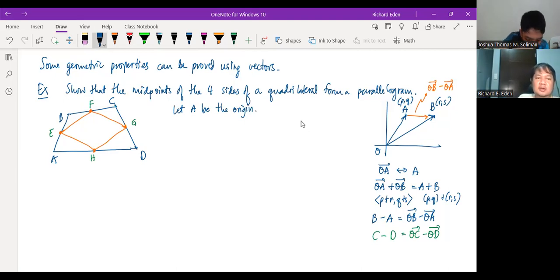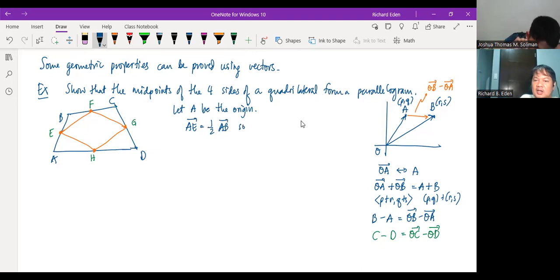Of course, we want to be able to describe the midpoints. So E is halfway from A to B. From that, we know that vector AE is half of AB.